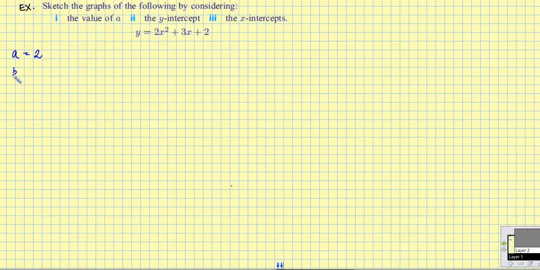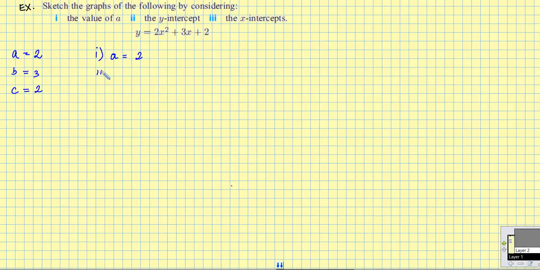Our value of b is equal to 3. Our value of c is equal to 2 as well. We may not need the value of c, however, actually we do, because it's our y-intercept, if we all recall. So the value of a is equal to 2, so that's our vertical stretch.